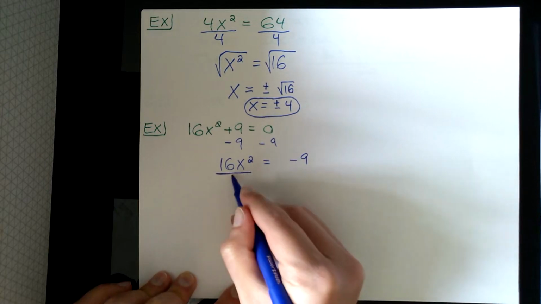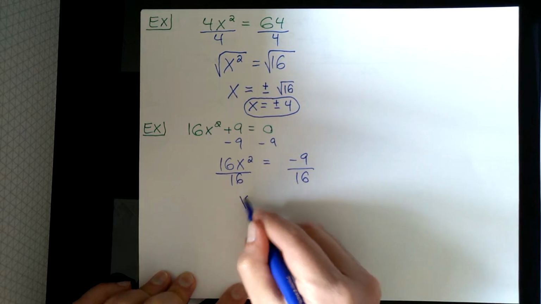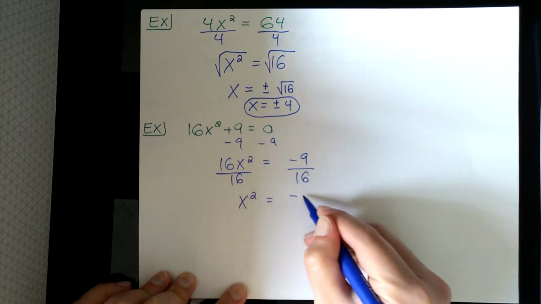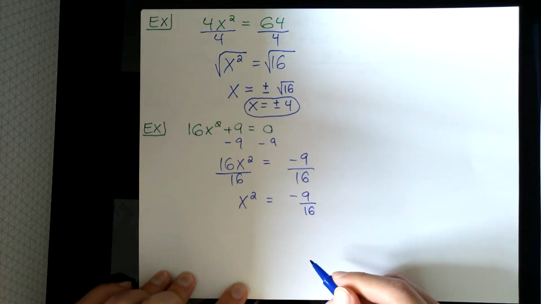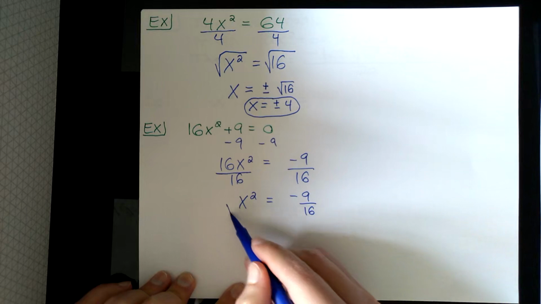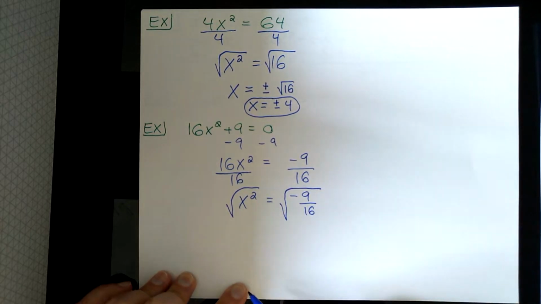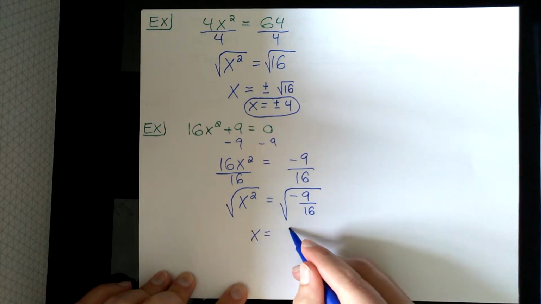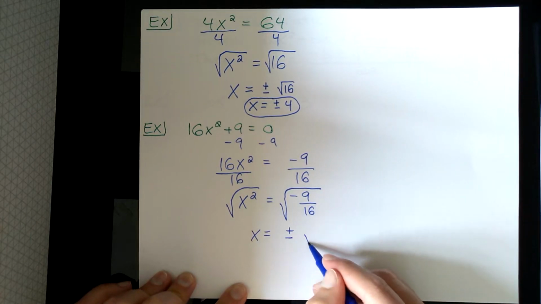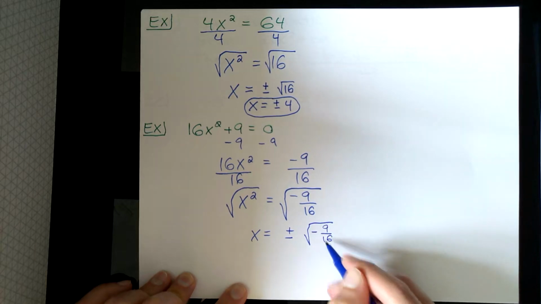From there, we'll divide each side by 16 to get the x squared alone, which gives us x squared equals -9 over 16. We can then apply the square root function to each side of the equation, which gives us x equals plus or minus the square root of -9 over 16.